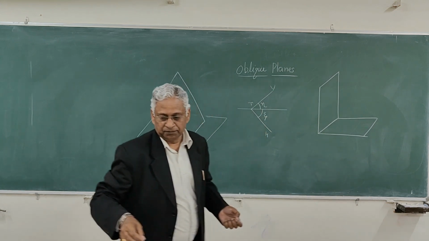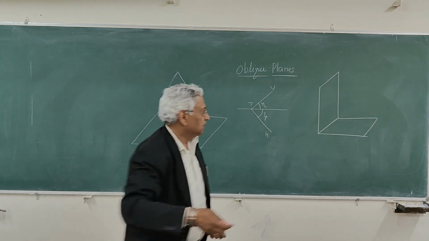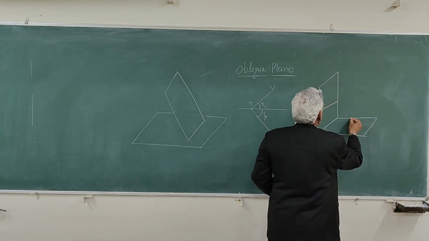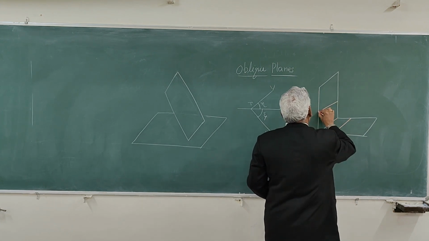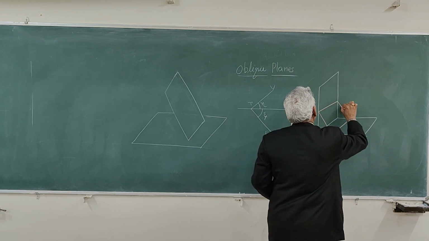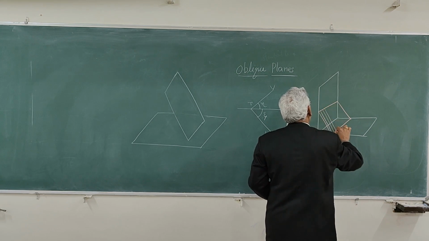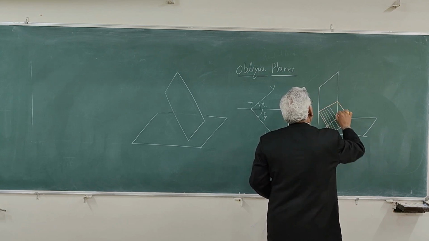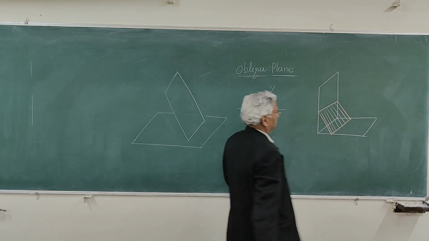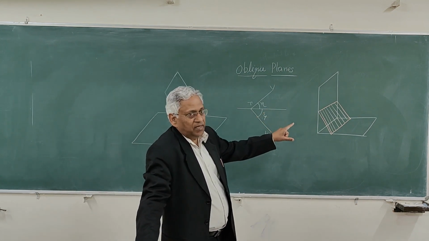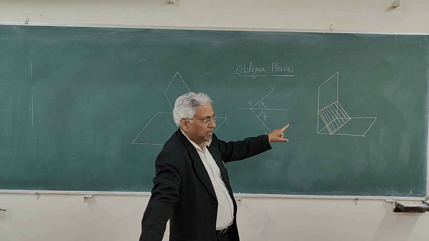Say for example, this plane, which is placed between the horizontal plane and vertical plane. This plane is also an oblique plane because it is not an auxiliary plane.